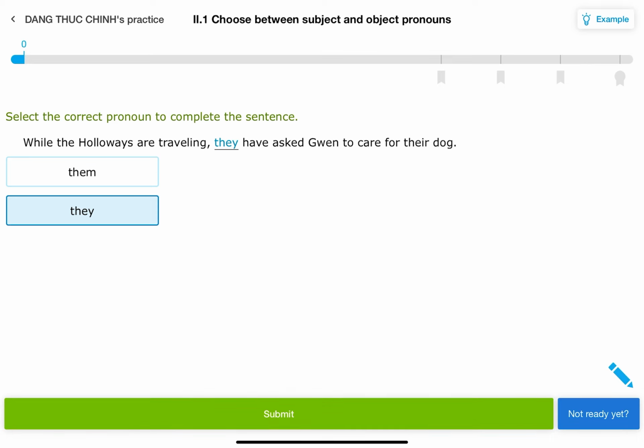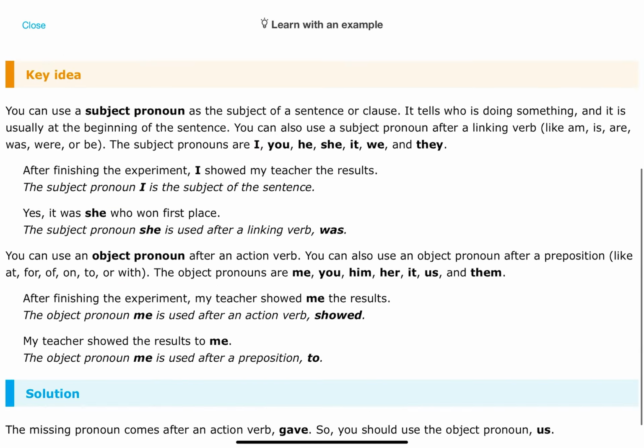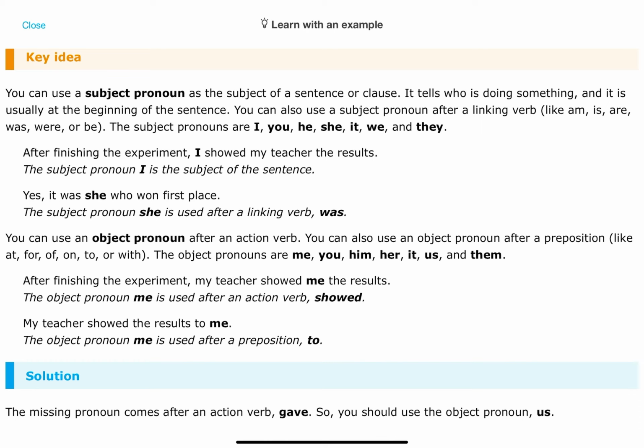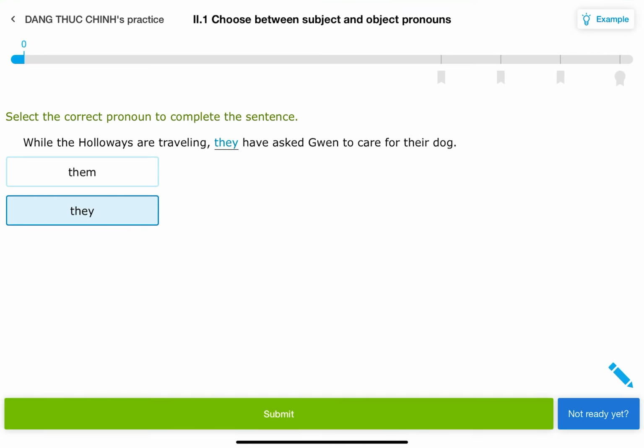Traveling is like an action, but we don't use an object pronoun after an action verb here, because you see they are separated. These are two dependent clauses together.